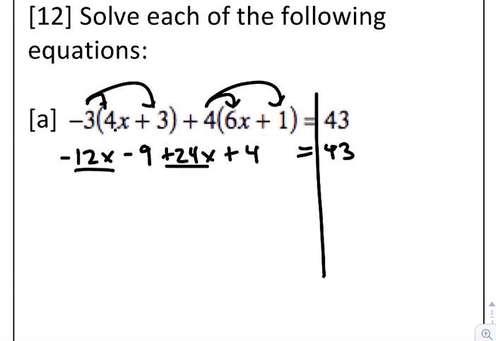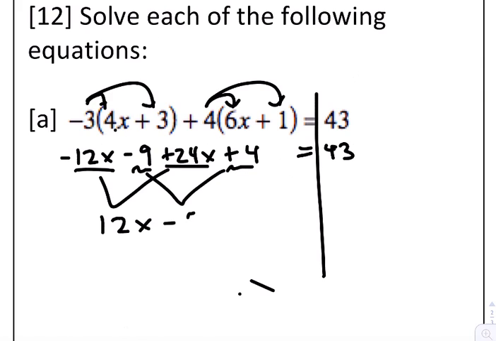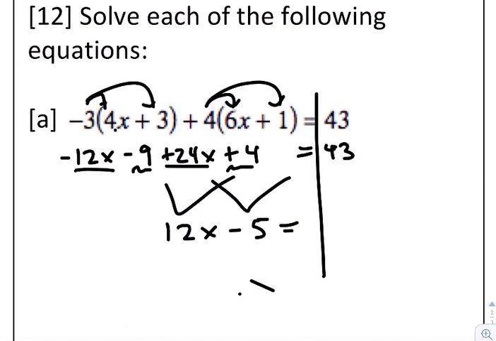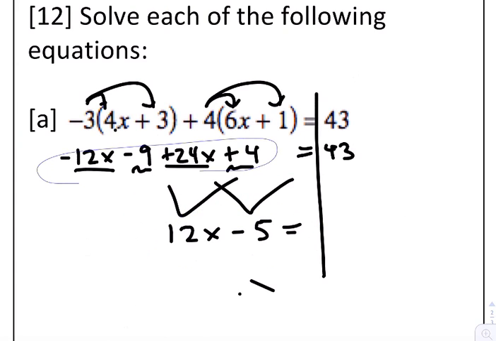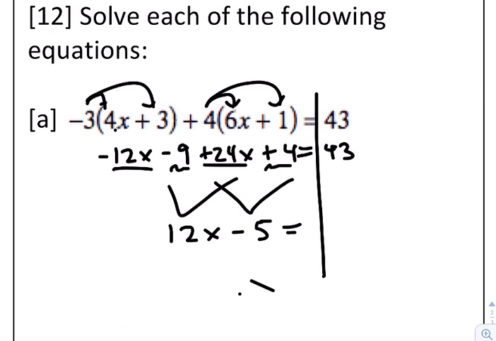Okay, combining some like terms on this side. Negative 12 plus 24, so negative 12x's add 24x's. The net result will just be 12x's. Negative 9 plus 4 would be negative 5, and that's going to be equal to, in this case, just 43.